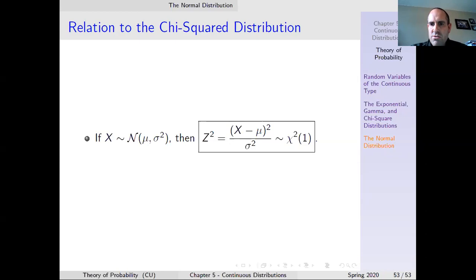So squaring a standard normal random variable gives you the chi-squared distribution with 1 degree of freedom.